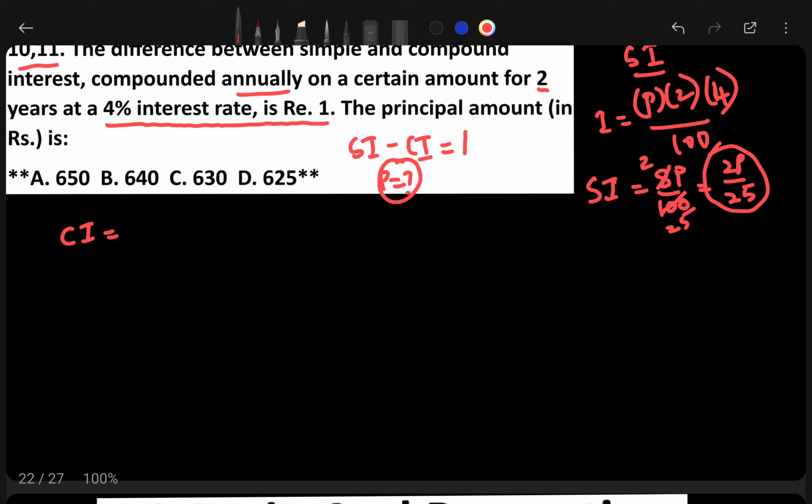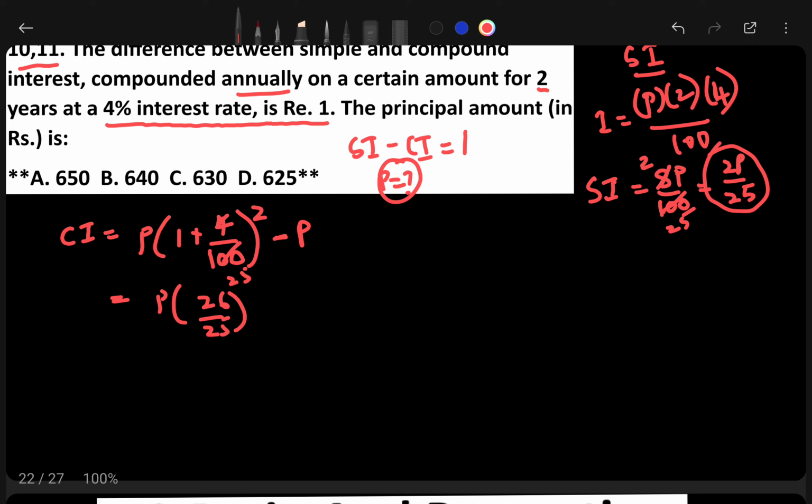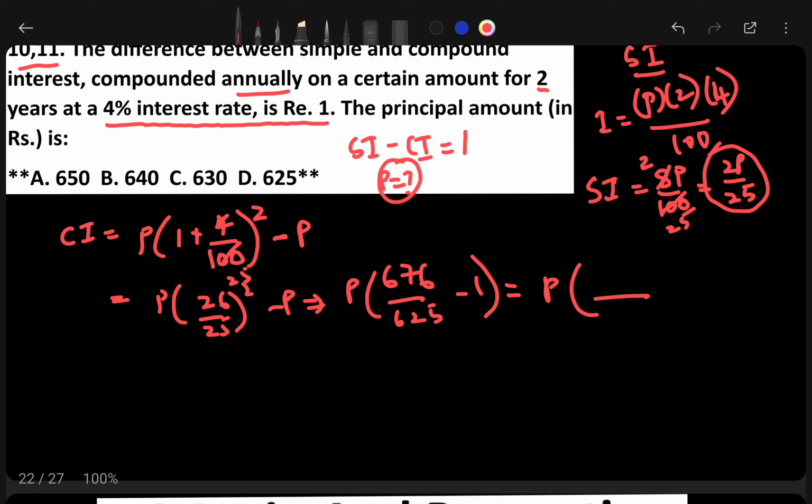Compound interest is going to be P of 1 plus 4 by 100 power 2 minus P, which is 26 by 25 squared. If I do the LCM, it is minus P. If I take P common, it is 676 by 625 minus 1. Taking LCM as 625, it is going to be 51 by 625. So this is compound interest.